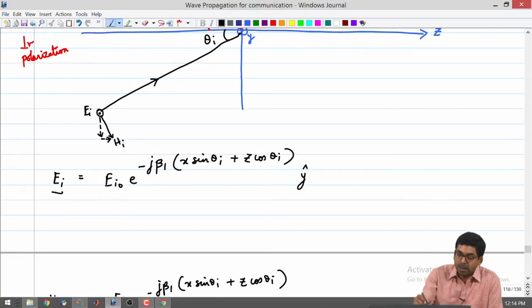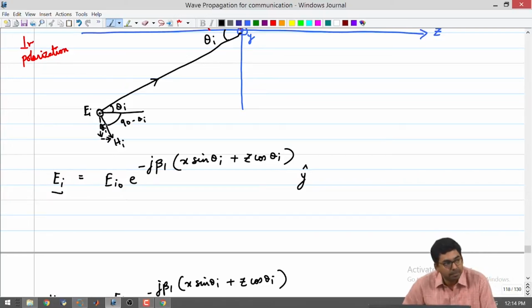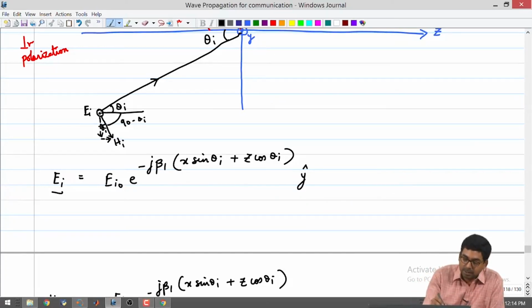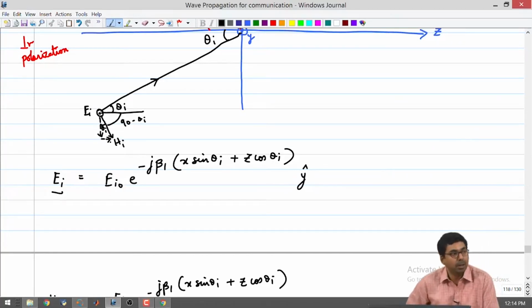And I can use trigonometry. I can draw a line over here, and say that by alternate interior angles, this is theta I, this is 90 minus theta I, and this is once again theta I. So, now I can say that this component over here is going to be my x component, and the horizontal component is going to correspond to the z component.